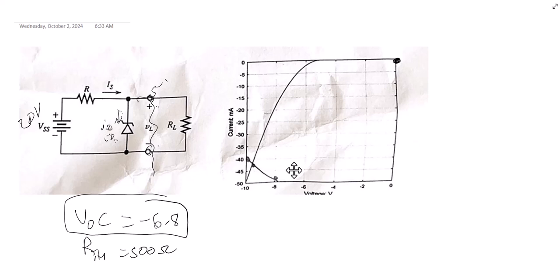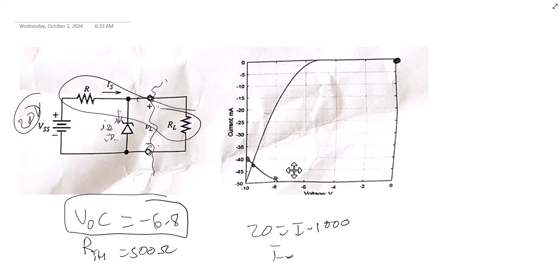And if I_Z is 0, that means that our voltage is 20 volts and our resistance is these two resistors. And so we have 20 equals I times 1000, or I equals 0.5. So I get that at a voltage of minus 6.8, we get I is, wait, that's not 0.5. 20 divided by 1000.